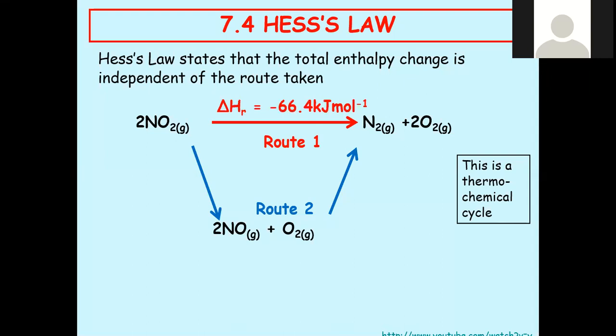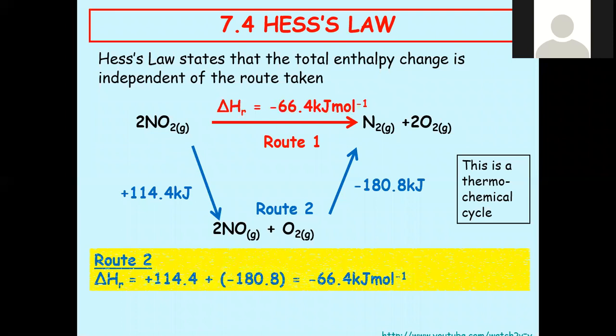We've got our enthalpy change at the top showing that it's an exothermic reaction, and that is minus 66.4 kilojoules per mole. Because it's a thermochemical cycle, if we went route 2, the first energy change would be an endothermic reaction at 114.4 kilojoules per mole, and then it would be minus 180.8 kilojoules per mole, and we get our total overall enthalpy change as minus 66.4 kilojoules per mole.